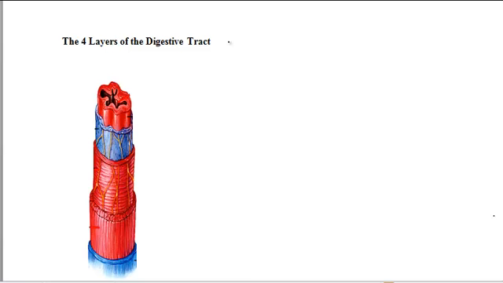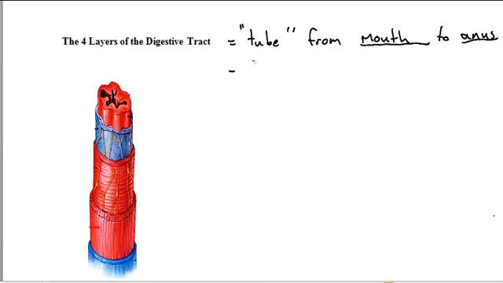So let's remind ourselves, digestive tract is simply the tube from blank to blank. Yes, here's your opportunity to say a fun word. From mouth to anus. And it has 4 key layers, each with distinct functions.